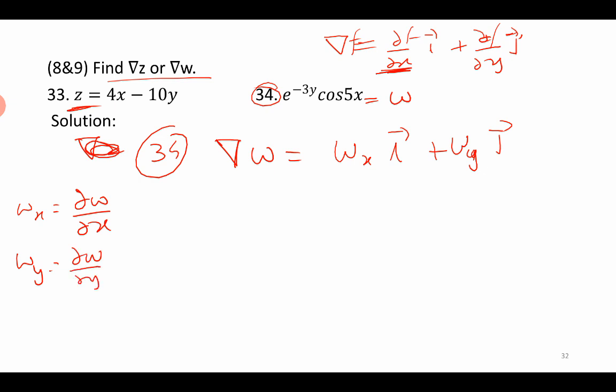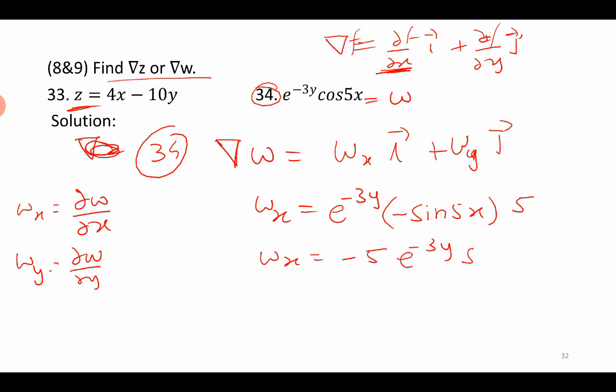So from this equation, find wx, differentiate w with respect to x alone. E raised to minus 3y is constant, cosine will be negative sine 5x and 5. So you will find wx is minus 5 e raised to minus 3y sine 5x.